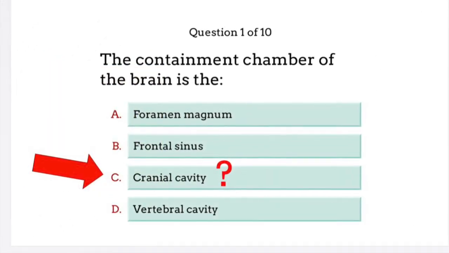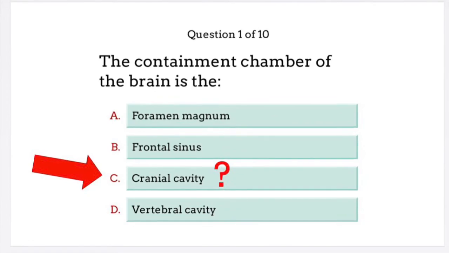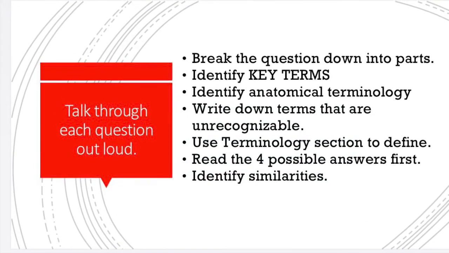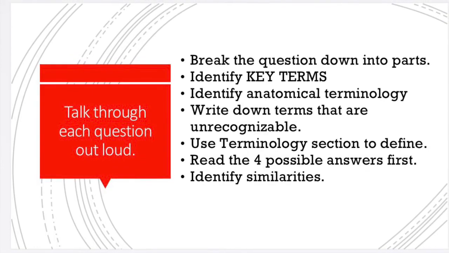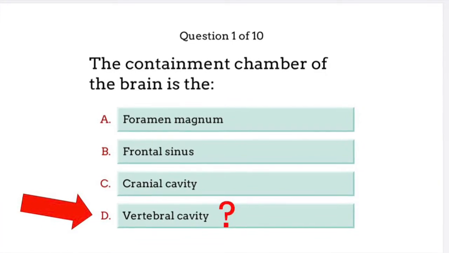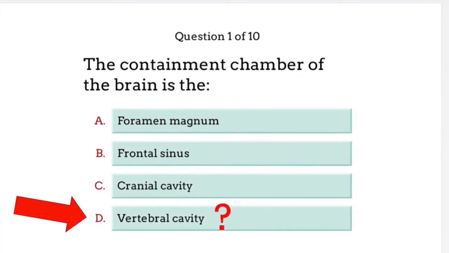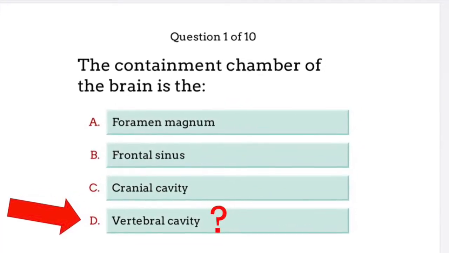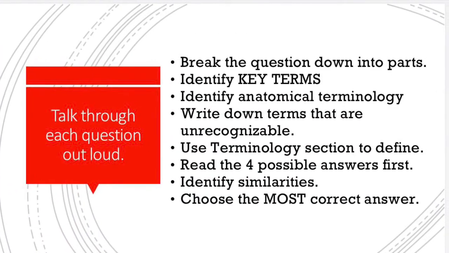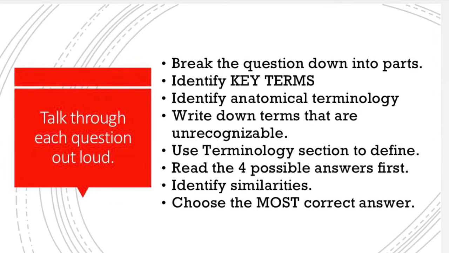C, cranial cavity. That's a good possibility. So again, let's look for answers that maybe are similar. And D, vertebral cavity. I don't know that that's an actual thing, so I need to go back and look at these answers one more time. And remember, I'm going to choose the most correct answer.